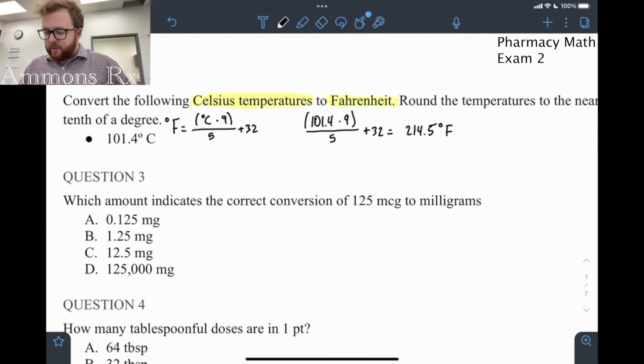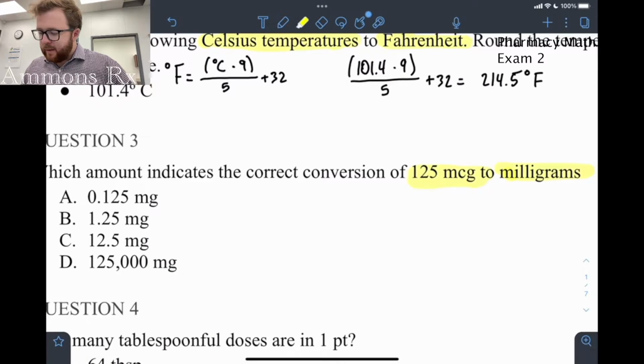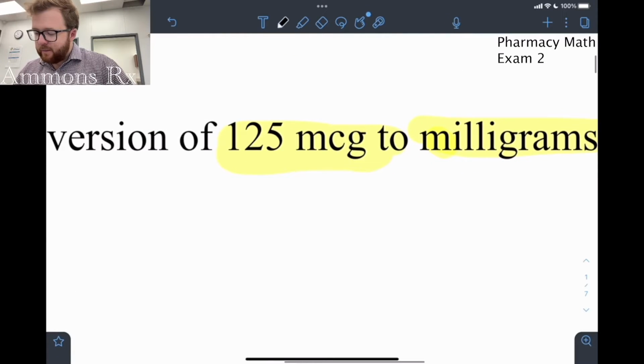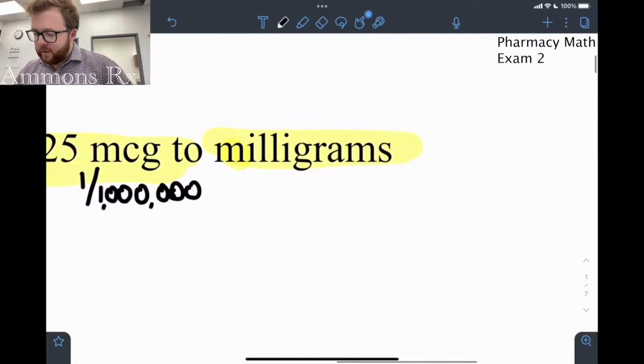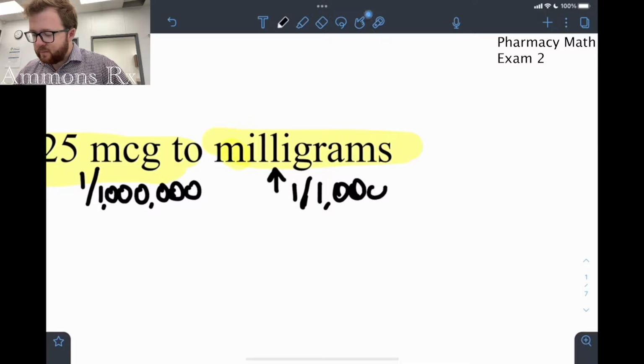Which amount indicates the correct conversion of 125 micrograms to milligrams? I'm going from micro to milli, so remind yourself, micro is 1 over 1 million, and milli is 1 over 1,000.